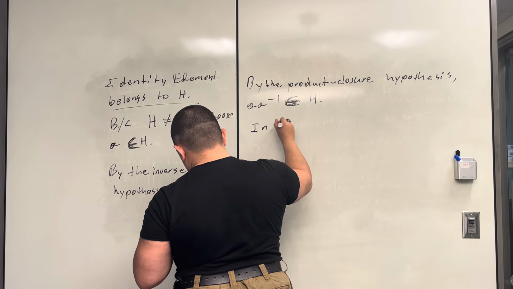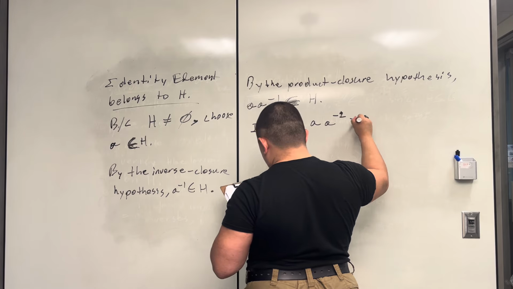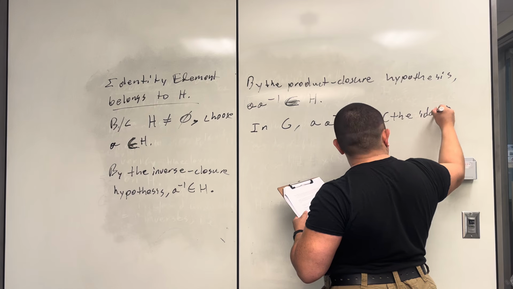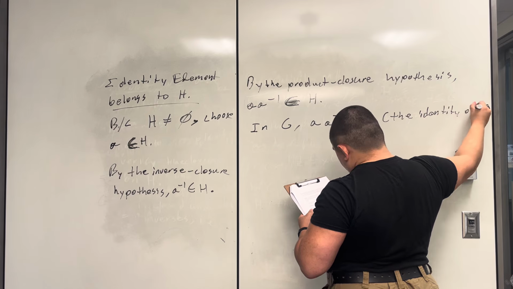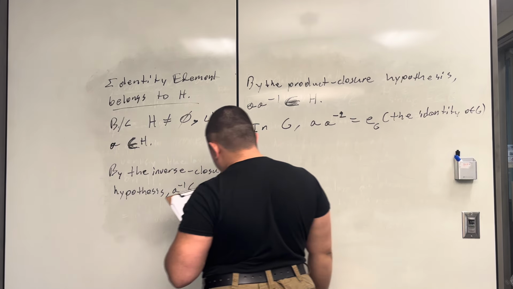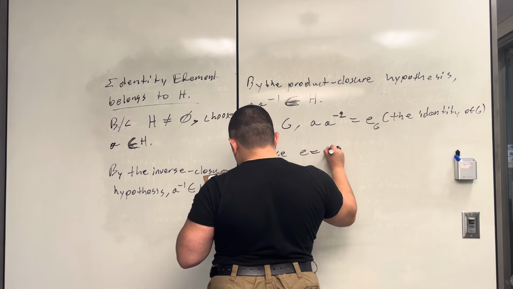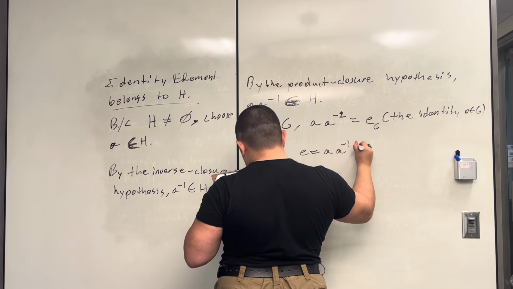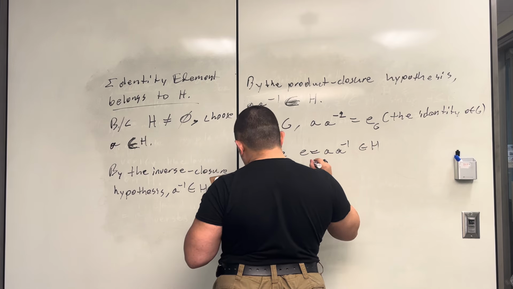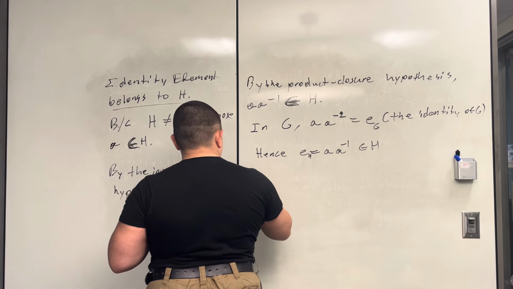In G, a times a inverse is equal to the identity of G. I might have to get a bit more specific with that, so say e sub G. Hence e is equal to a times a to the negative 1, and that's equal to the identity as well.